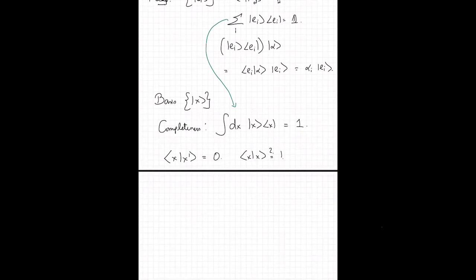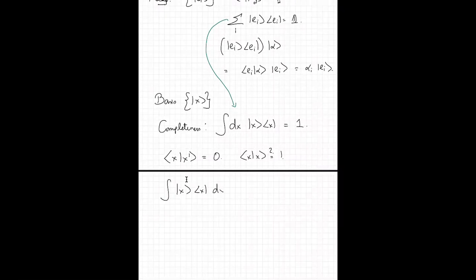Let us work this out by understanding what the projection operator is. The projection operator is basically |x><x|, right? Suppose I have the projection operator |x><x|, and if I operate it on any vector, I should be able to get the component of that particular vector. Now the completeness relation tells me that if I add up all such projections, I get 1. This is equal to 1. All right.